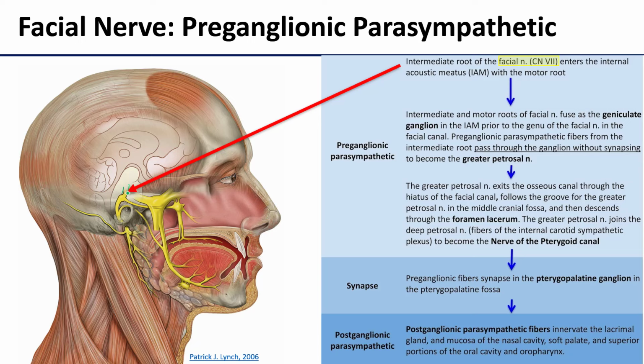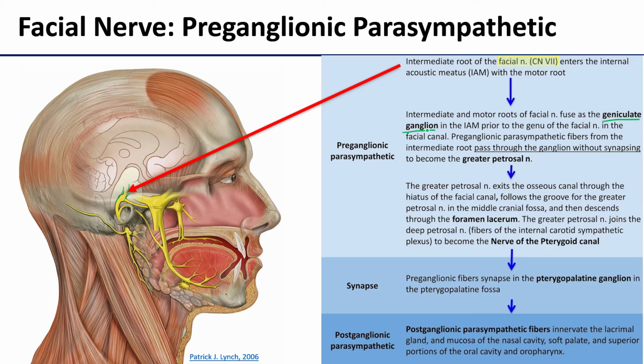They're going in with cranial nerve 8, vestibulocochlear, and they're both entering into the osseous canal of the facial nerve, and they come together in a geniculate ganglion just before the genu of the osseous canal.